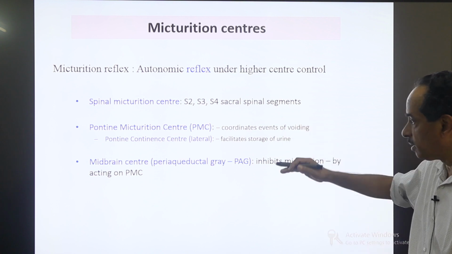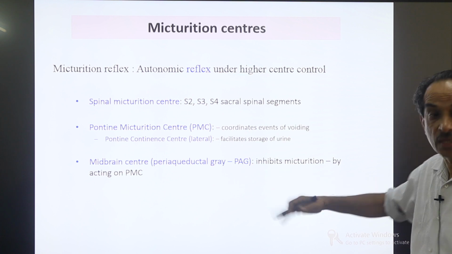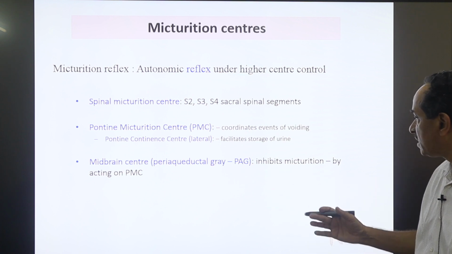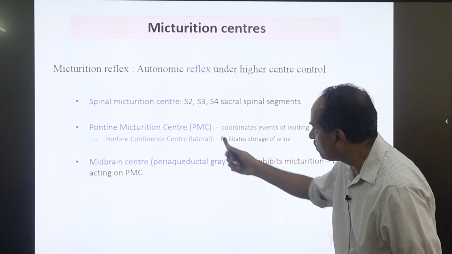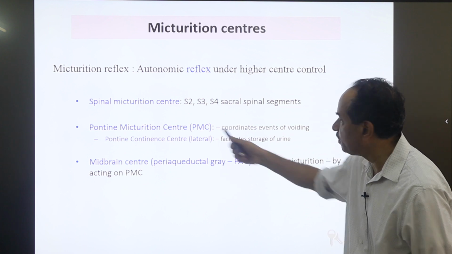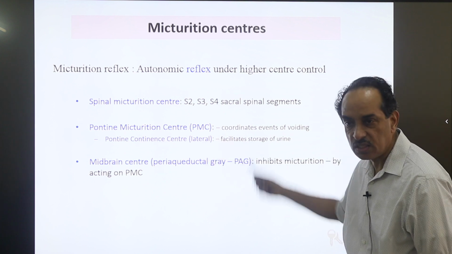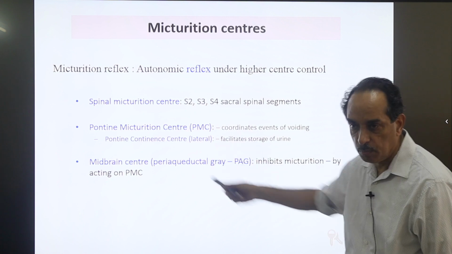Then just above that, the midbrain center. Just above that there is the periaqueductal grey matter, which inhibits, and the circulation is mostly found between the PAG and PMC circuits. Those are the circuits, the periaqueductal grey matter and the pontine micturition center.